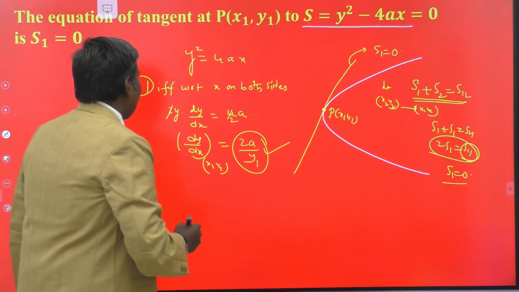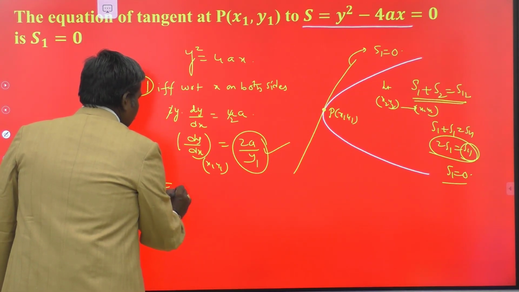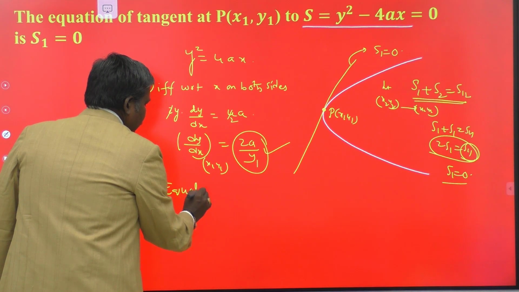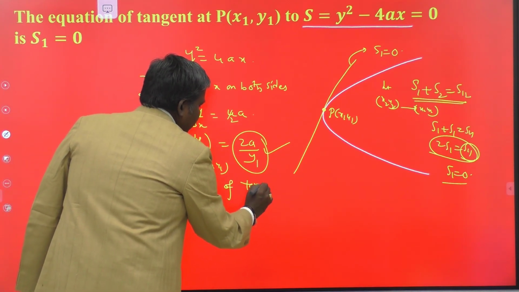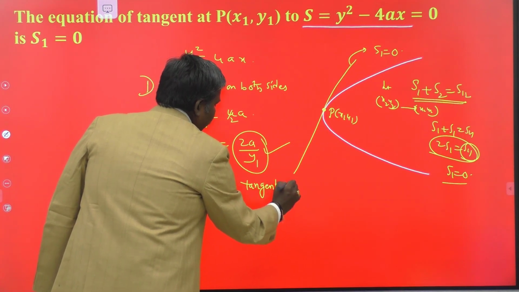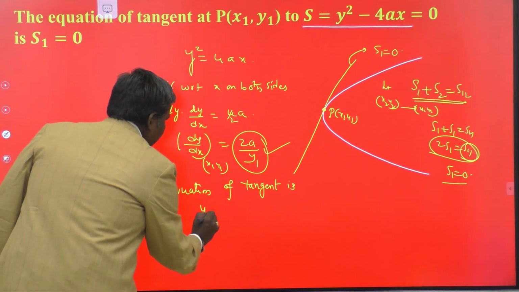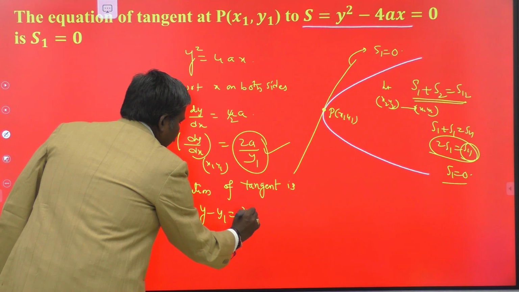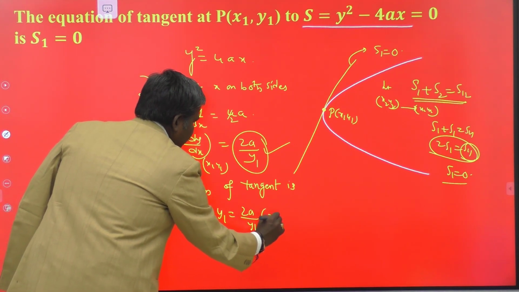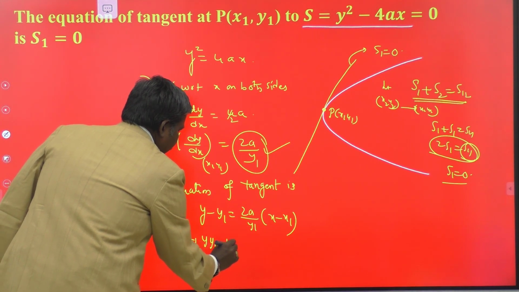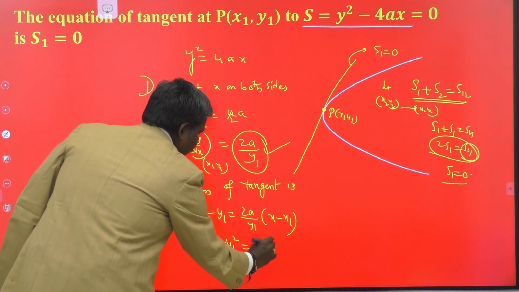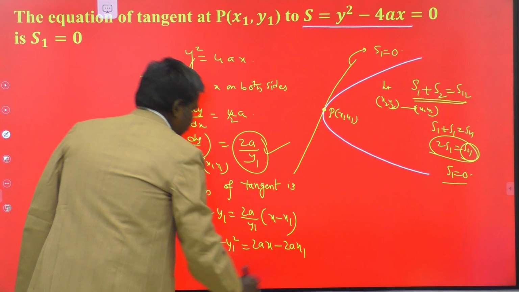This is the slope of the tangent to the parabola y² = 4ax at (x1, y1). Don't forget, we have the point (x1, y1). So the equation of the tangent is y - y1 = (2a/y1)(x - x1), which implies y1y - y1² = 2ax - 2ax1.